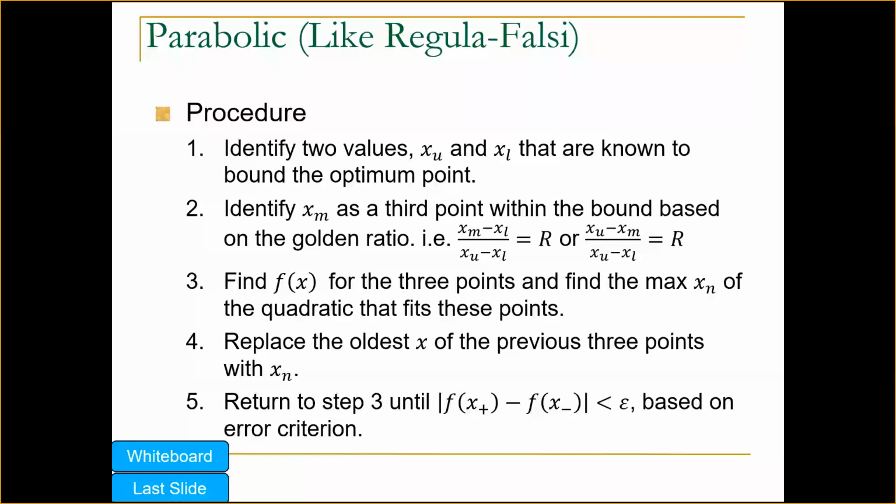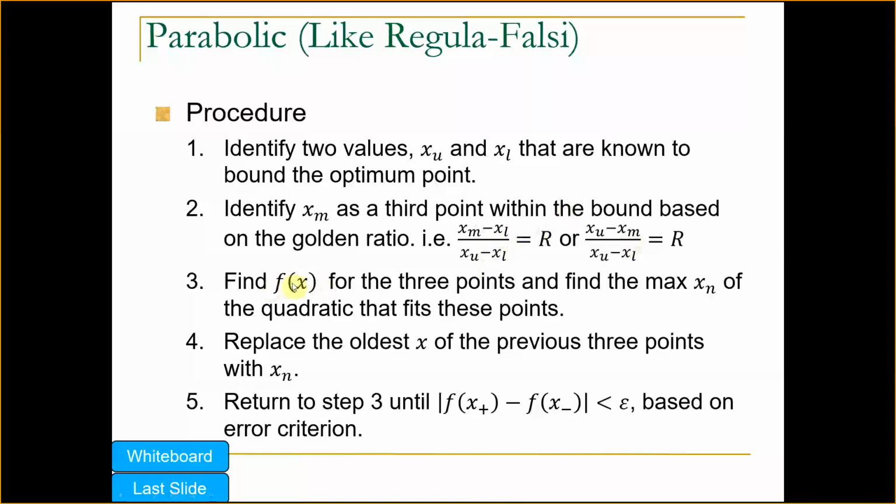Alright, so what we do is you find another point, your third point. You can use either this expression or that expression, it doesn't matter which one you use, to find your bound, to find that one of the middle points.